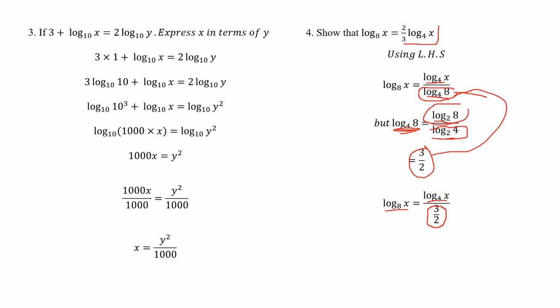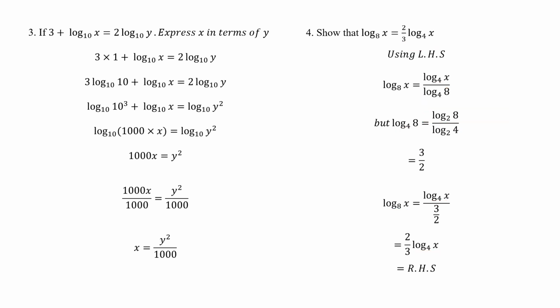Now, when you try to simplify this one here, we shall be having the 2 all over 3 times log of x base 4. And this one here is the right hand side of the equation, and then we have showed it the way they wanted it.